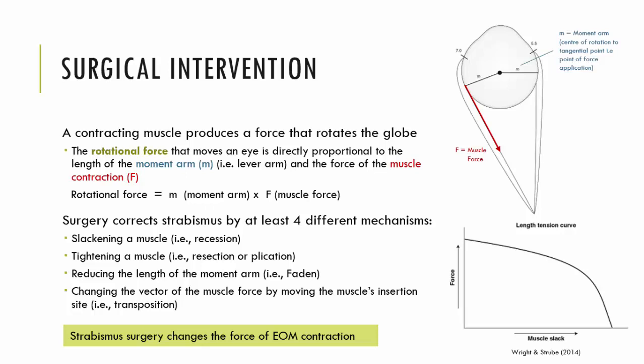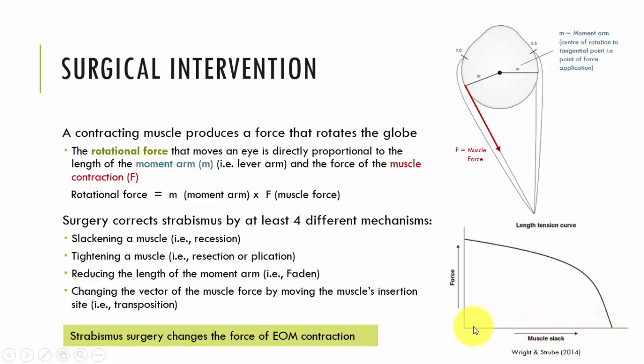What's important to recognise in relation to this rotational force is that muscle force is related to muscle slack, so how slack the muscle is or how tight the muscle is. If we take a look here at the graph, this scale has increasing muscle force and this scale has increasing muscle slack.